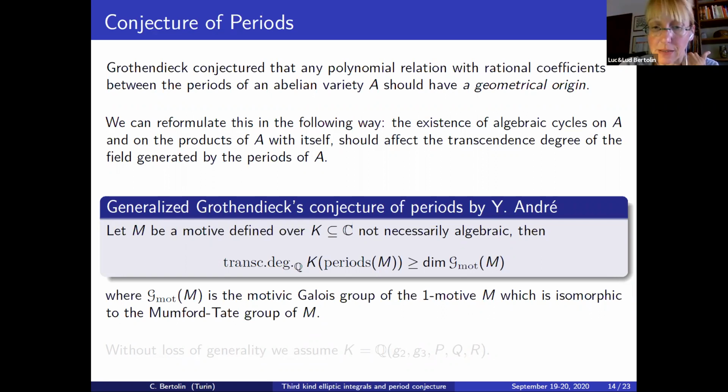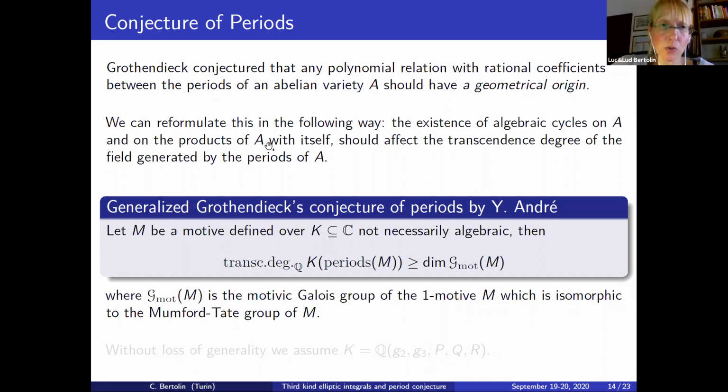So what is important here is that the transcendence degree of the periods of M is really related to the dimension of a group scheme, which is related to the presence of algebraic cycles on M.